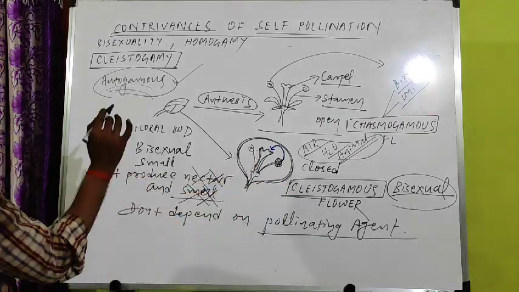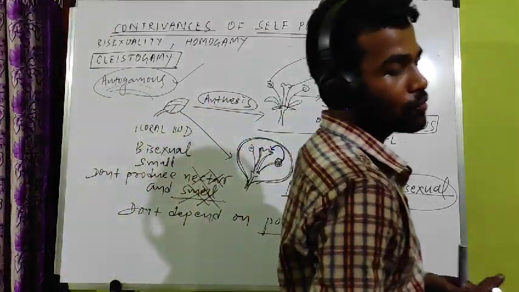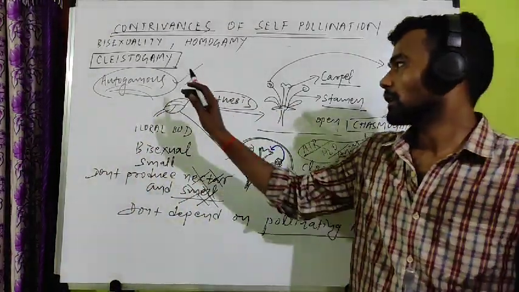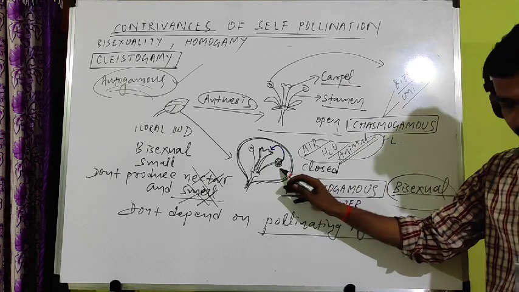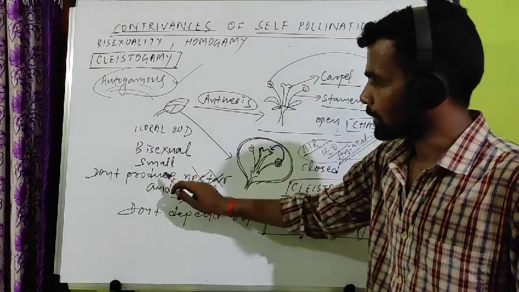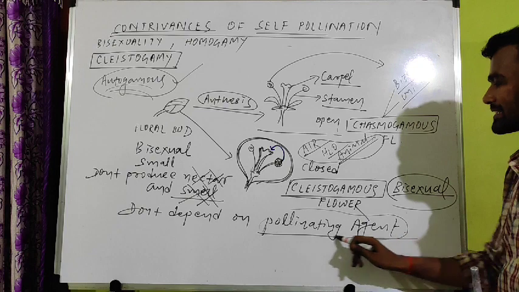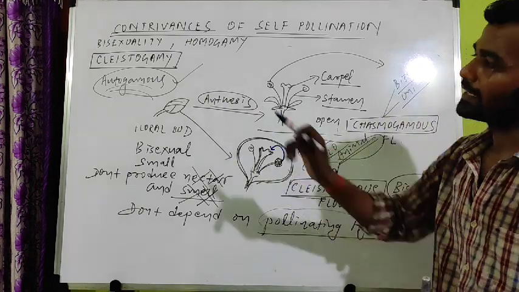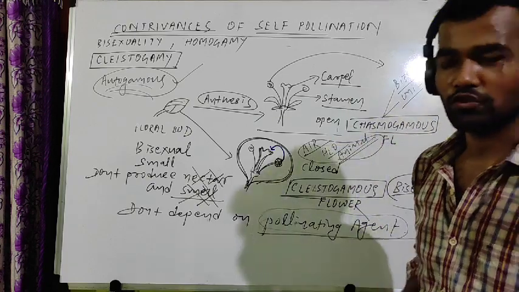So if cleistogamy comes as a 2 or 3 mark question, first you have to write what cleistogamy is. Cleistogamous flowers are closed flowers, and these are bisexual, small, do not produce nectar and smell, and they do not depend on pollinating agents because they are closed, and they are invariably autogamous. This condition is called cleistogamy.